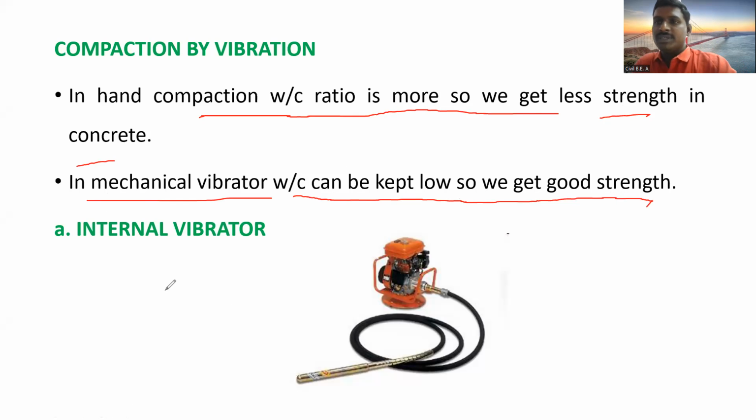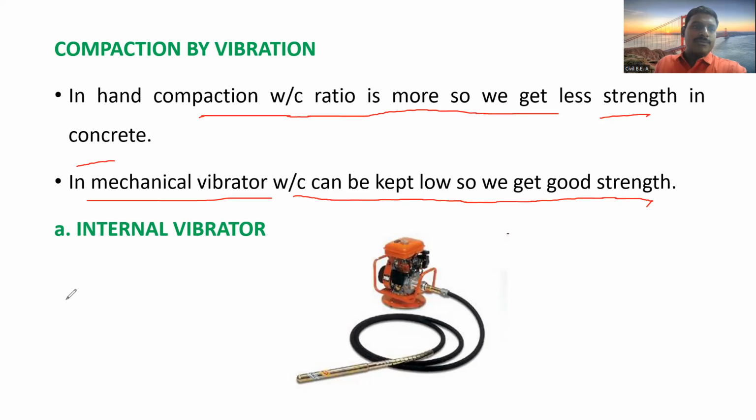So there is a difference. If we compact by hand and the water cement ratio is more, we get less strength. But if we use a mechanical vibrator, the water cement ratio can be kept low, and we get good strength of concrete.